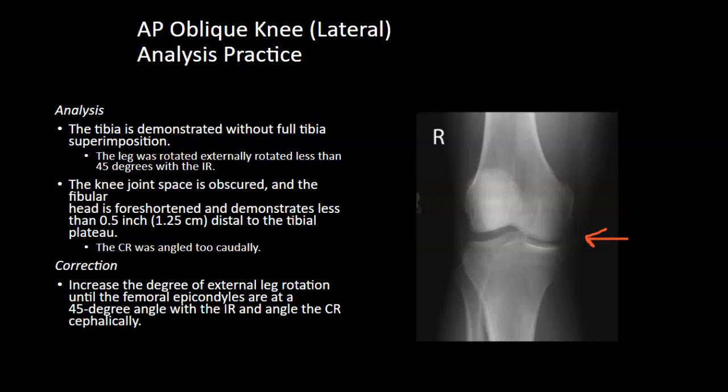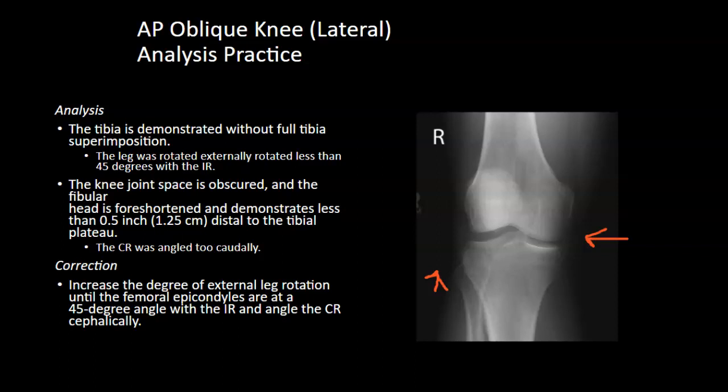With looking at this fibula, it looks like it is elongated. So this tells me that the central ray was angled too caudally. Therefore, since it grew and it became elongated, we need to angle with the direction the fibular head went in order to place it appropriately.